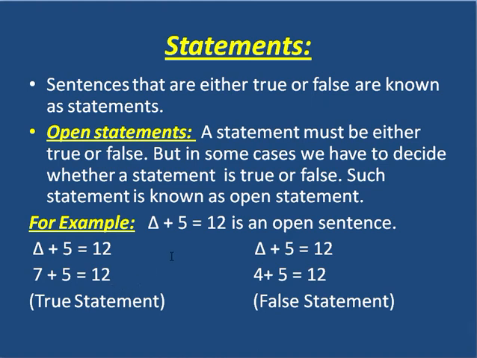But if I replace this triangle with any other number, for example 4, then 4 plus 5 equal to 12 is false, because 4 plus 5 equal to 9, so it is a false statement.